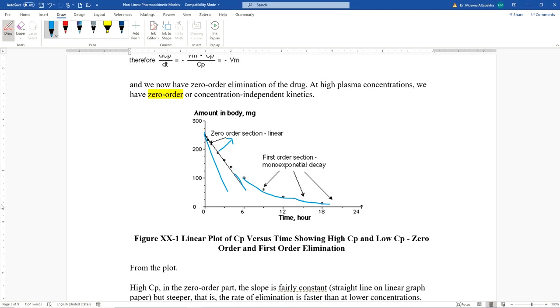Because if I want to continue with this curve, if it were first order, it would appear that the drug falls from here to here during this time. But actually, the drug falls from here to here during this time. That means less drug has been eliminated.